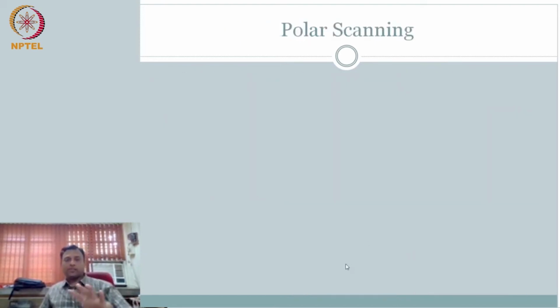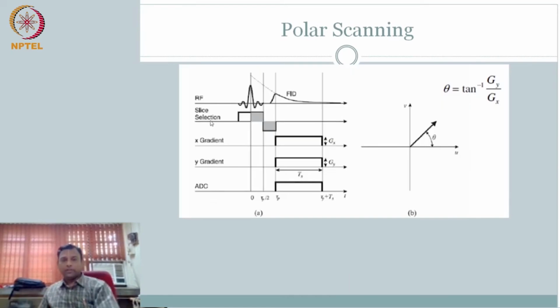When you do polar scanning, it's straightforward. We put the timing equation, like the pulse sequence diagram, and it will become very vivid. So this is nothing new. You apply the RF pulse, and then you do the slice selection with a Z gradient. I could have marked this as the Z gradient, but with the convention that we are following, the Z gradient is used for slice selection, right?